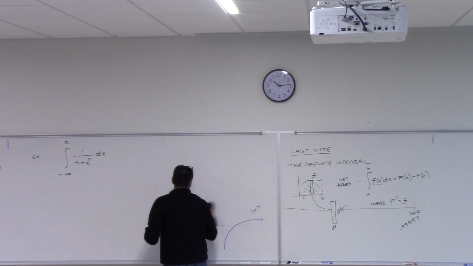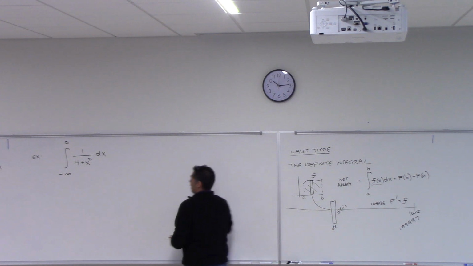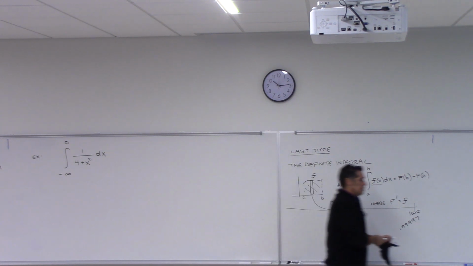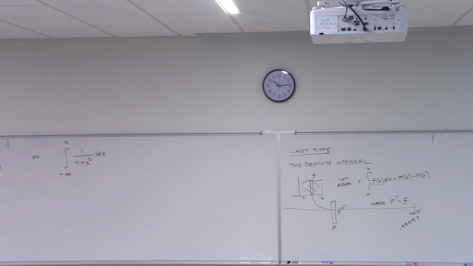What do you say we take a look at that on Desmos first? Take a look at that graph. All right, so I'm going to graph this, 1 over 4 plus x squared, and I'm only going to look at it for x less than or equal to 0.